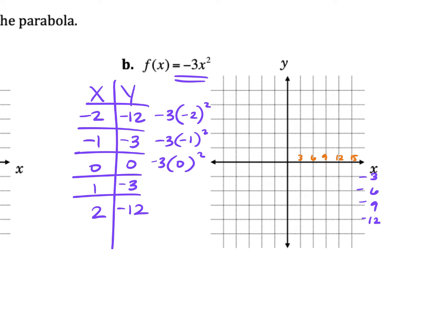So -2, -12, 3, 6, 9, 12 is going to be like right here if we're counting by 3s. -1, -3 is right there. 0, 0 is there. Reflected. Okay, so look at your graph. It got real narrow.